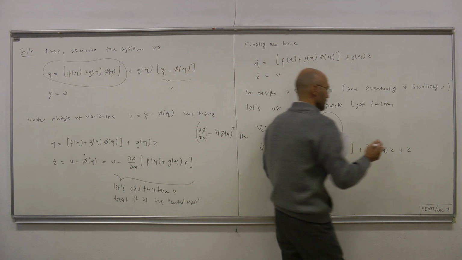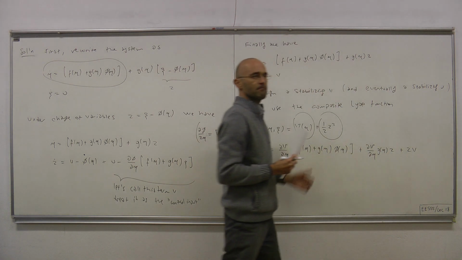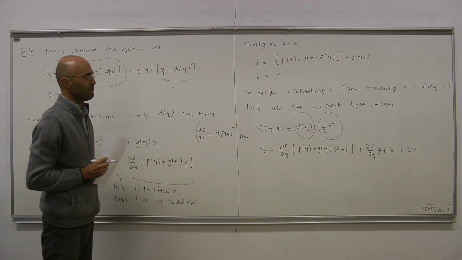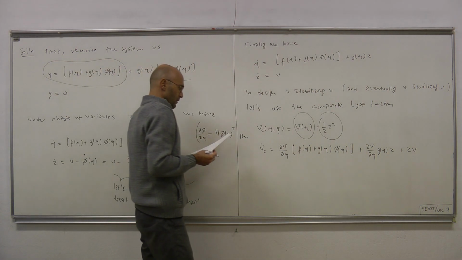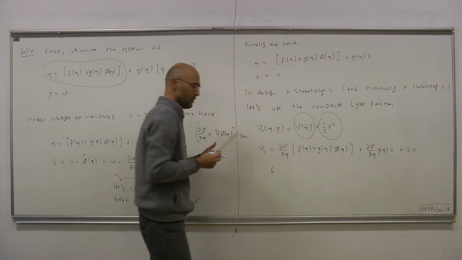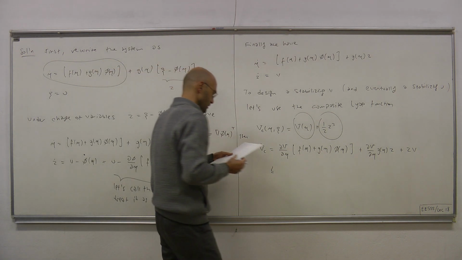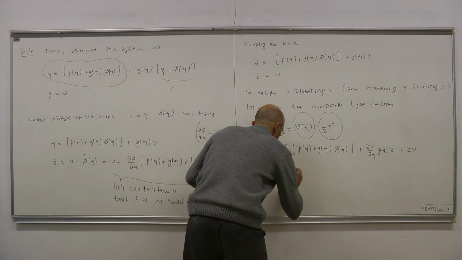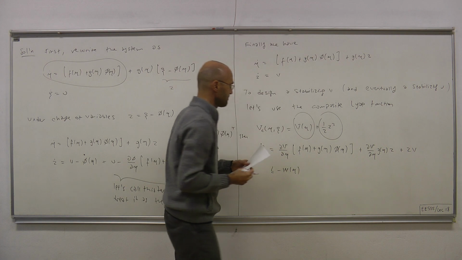Okay. So we have therefore z times v, both scalar. Okay, so this we know is less than or equal to minus W of eta.